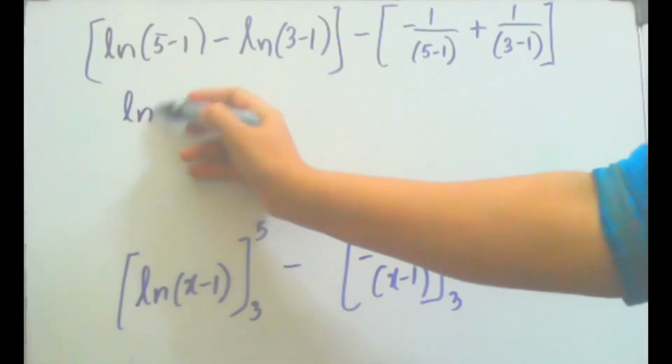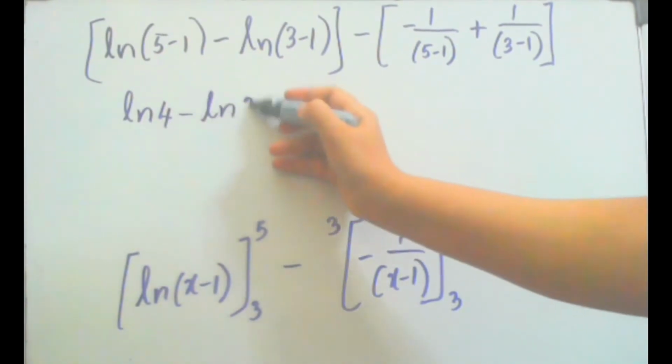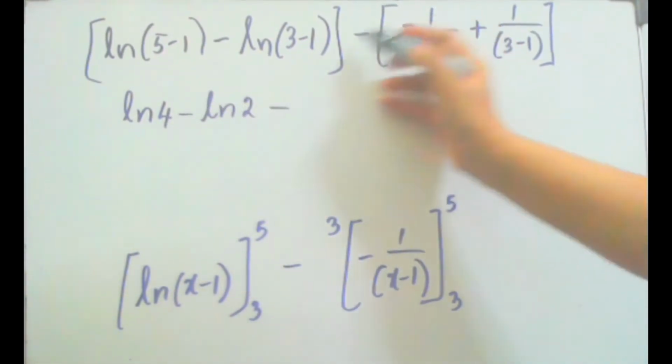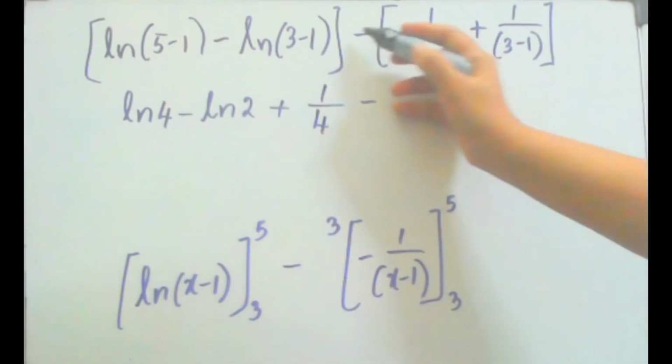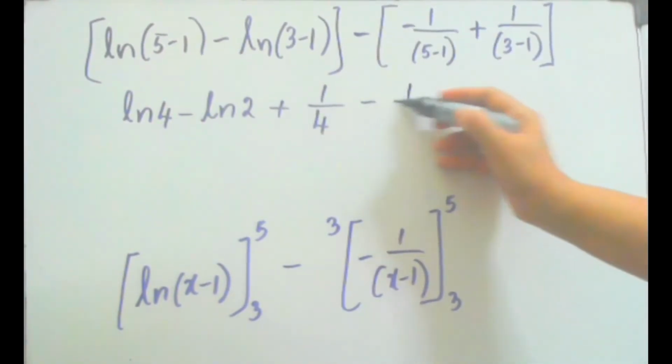So we get ln 4 minus ln 2, and these two minus signs make it plus 1 over 4, and plus makes it minus 1 over 2.